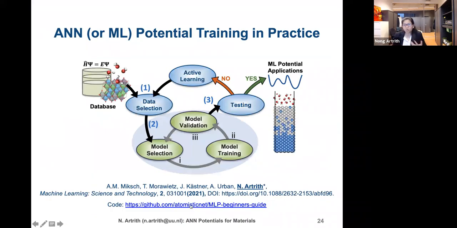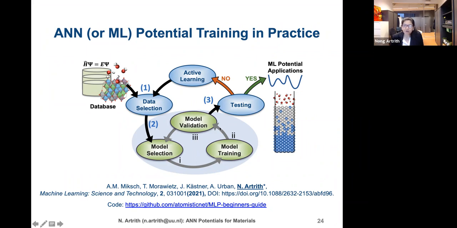So these are all of the steps for how we construct machine learning potentials in practice. We generate a large DFT, or even an initial small DFT, database first, and we do iterative refinements until we really get good, accurate neural potentials that you can use in your own applications.